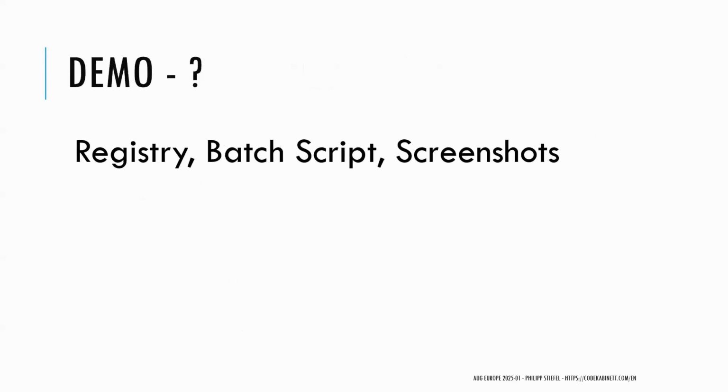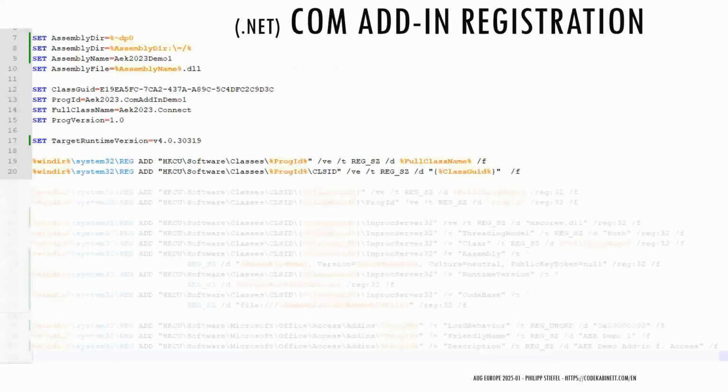Okay, this slide should not be here because I cannot show this demo due to time constraints, but I've got a slide here that boils down the essence of this. What I frequently do to register the COM add-ins is use a simple batch script.